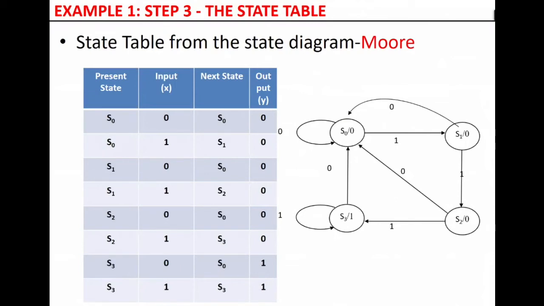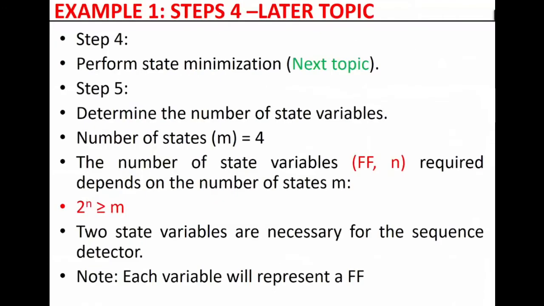How many do you need to have 4 states in binary? So from that, you'll find that you need 2. 2 to the power of state variables should be greater or equal to the number of states. So 2 state variables are necessary, 2 flip-flops are necessary to implement that. Each variable will represent a flip-flop.